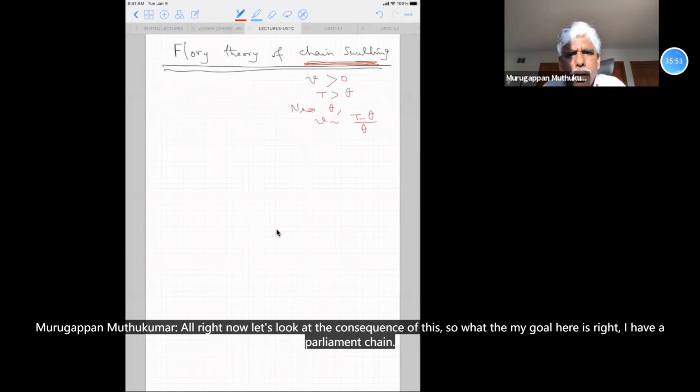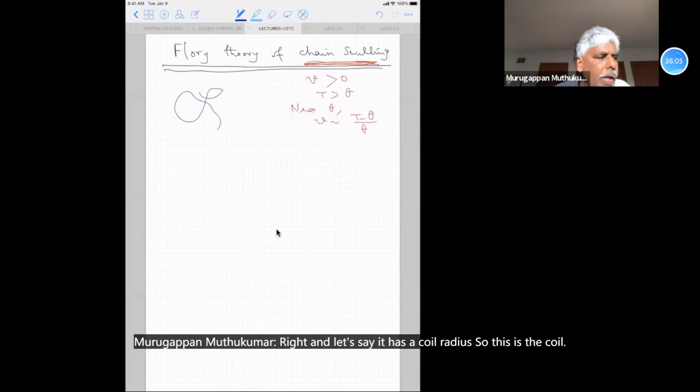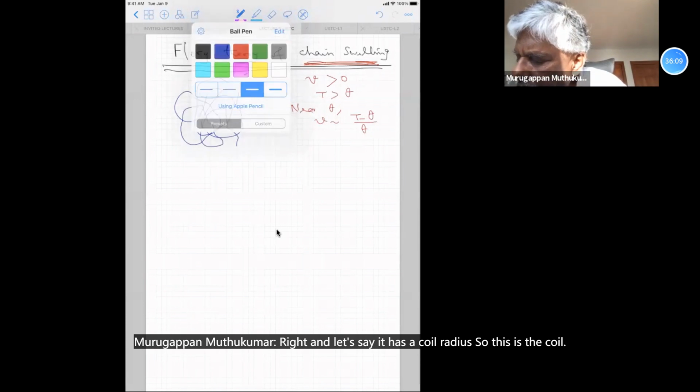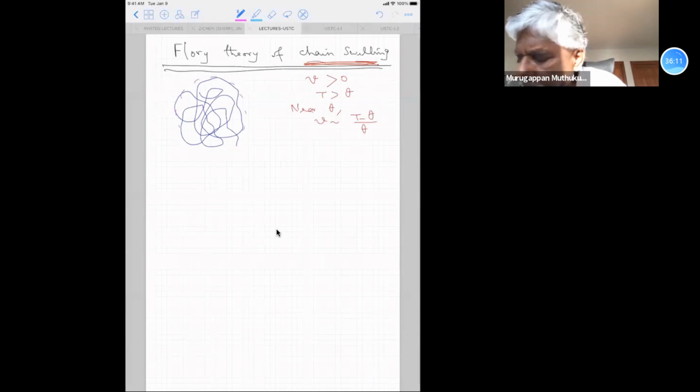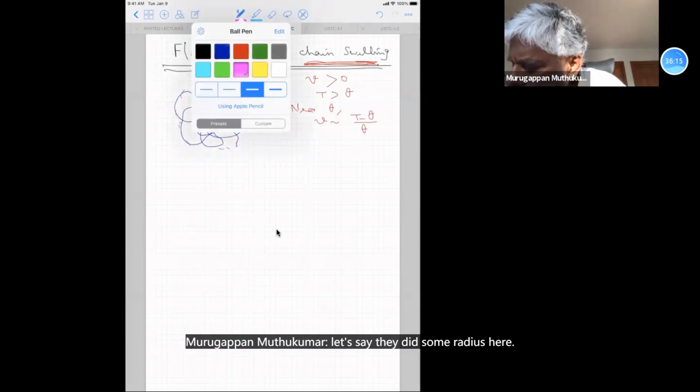All right. Now let's look at the consequence of this. My goal here is, I have a polymer chain, and let's say it has a coil radius. So this is the coil, and there is some radius here.